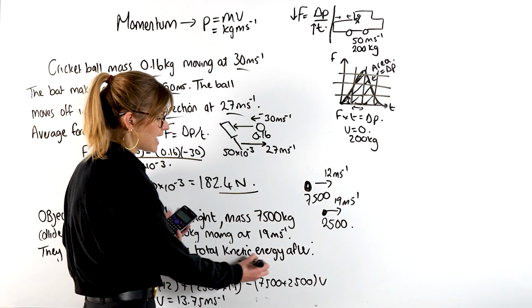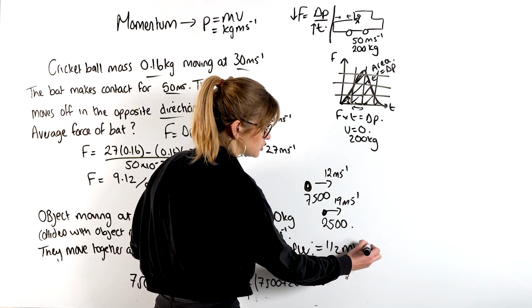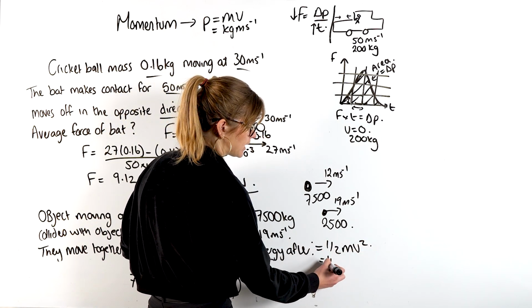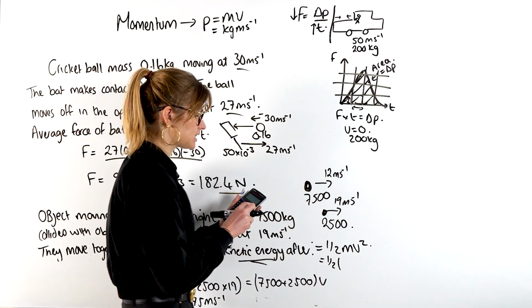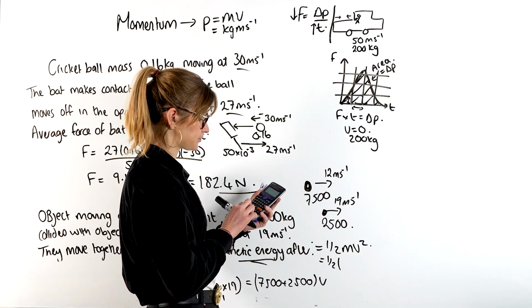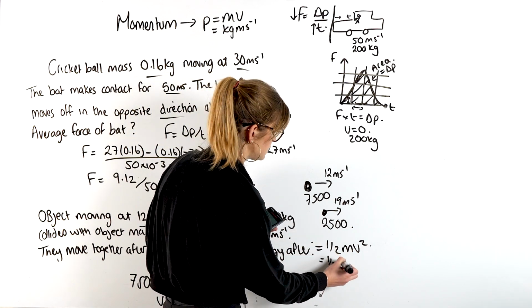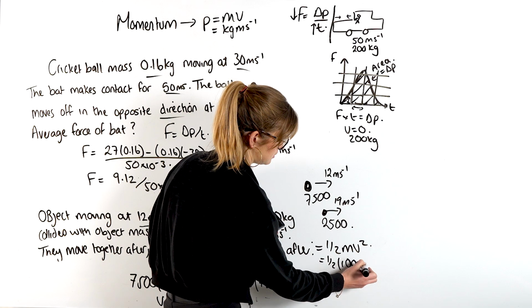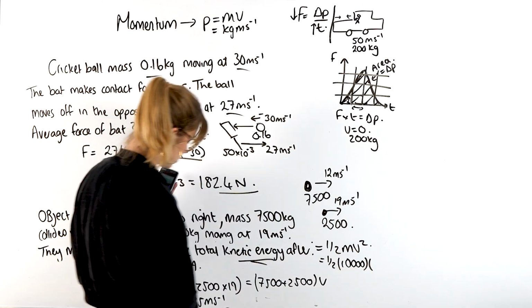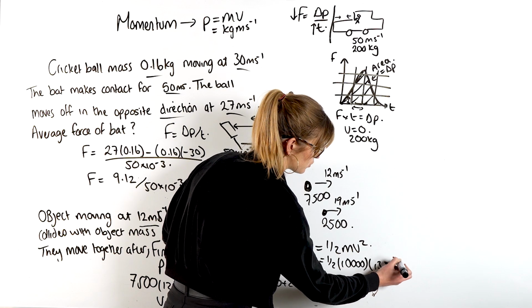So this question wants us to find what the total kinetic energy is after. So I know to find the kinetic energy, that equation is 1/2 of its mass times its speed squared. So what I'm going to do now is 1/2 of the combined mass, which is my 7,500 plus my 2,500, which clearly is going to be my 10,000, times my speed that I just calculated earlier, which is 13.75 squared.